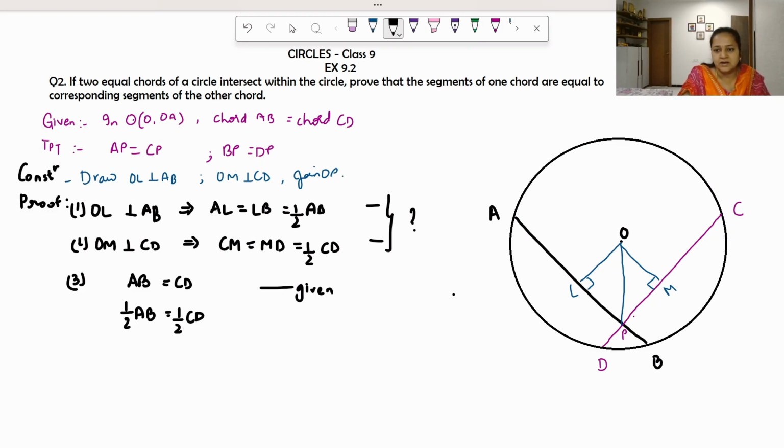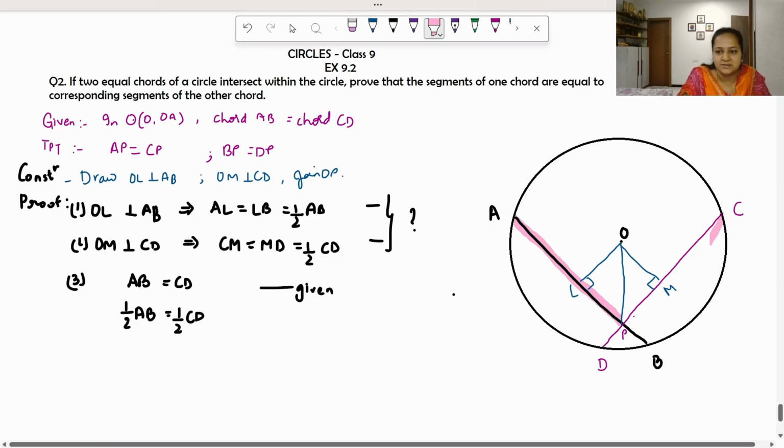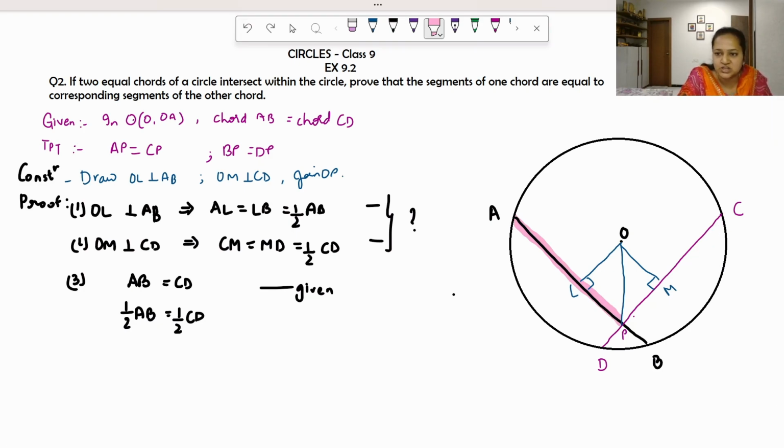Correct? Now, if I want the part AP, the first segment I'm looking at is AP and CP. If you look at AP, which half of AB is included in AP? AL. This part is included. So we can write over here AL instead of AB.